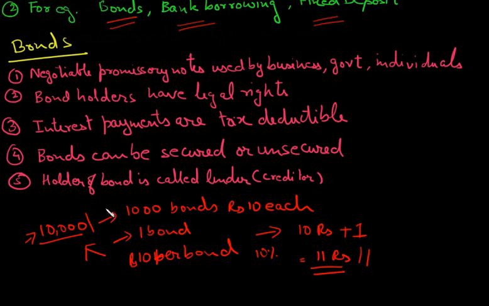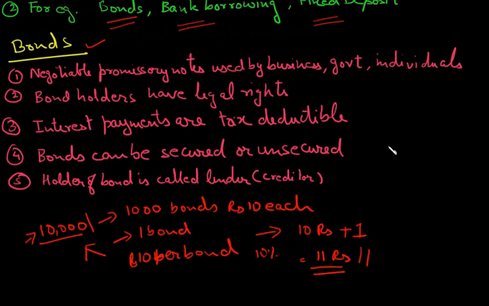Now what are the advantages of issuing bonds? Why will a company issue a bond? A company will issue bonds because the interest payments it makes on that amount are tax deductible. In fact, any kind of interest payments on debt by companies are always tax deductible. What do we mean by the term tax deductible? What we really mean is that the interest payments are deducted from the total income to arrive at the taxable income of that company.